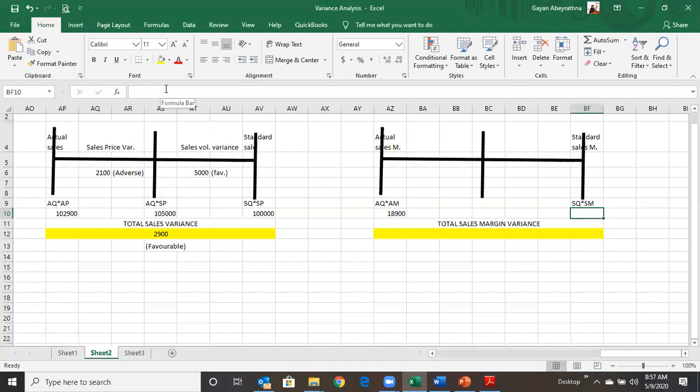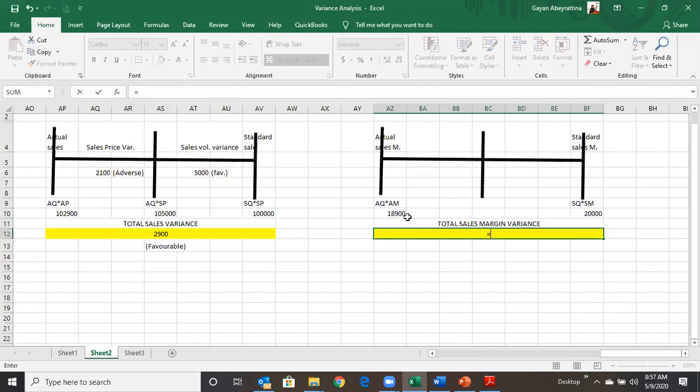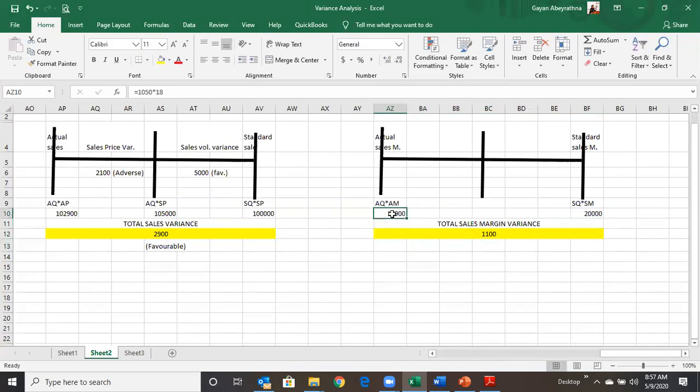When it becomes standard sales margin, we need to multiply 1000 into 20. Then there is a difference. According to the standard, here 1050 times 18, and here 1000 times 20. If they had followed the standard, they could have earned a higher profit. So here comes the adverse variance.